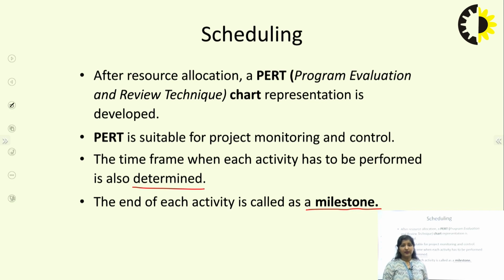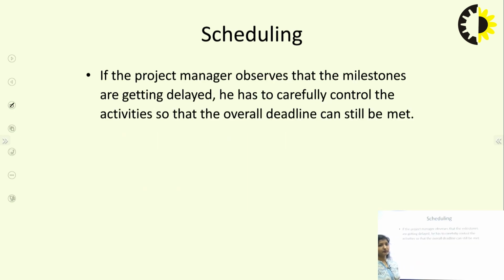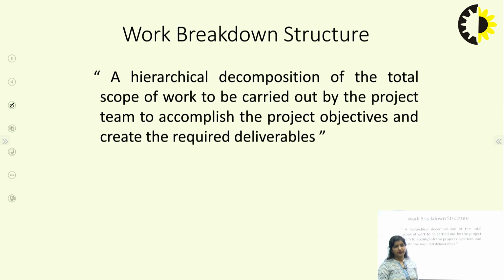From that expected time, the activity is calculated, and from there the milestone is calculated. So this is how PERT works. If the project manager observes that the milestones are getting delayed, then he has to carefully control the activities so that the overall deadline can be met.